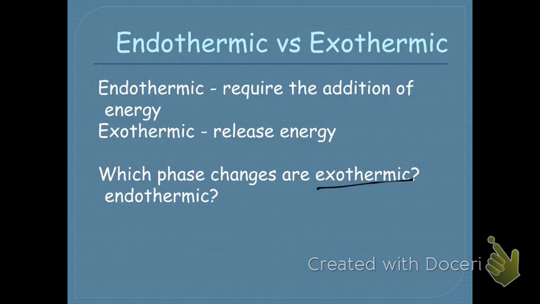So if we think of exothermic as, say, you have this gas. This has a lot of energy, so this is high kinetic energy. As we lower the kinetic energy, these molecules start moving slower. And so the attractive forces, or the IMFs we talked about, can come into play, because as they move more slowly, as they pass each other, they can be more attracted, and so they could turn into liquids.